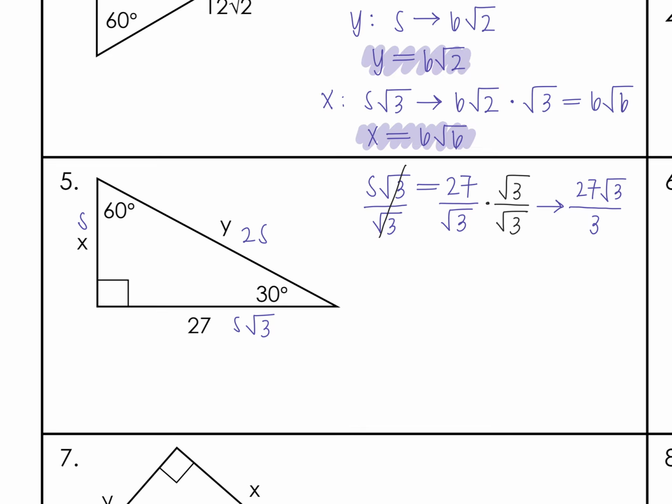Okay, so we'll get that my s is equal to 27 divided by 3, which gives me 9 root 3. Okay, so since my x has that ratio of s, we can say that it is going to be equal to that 9 root 3, and therefore x is equal to 9 root 3.